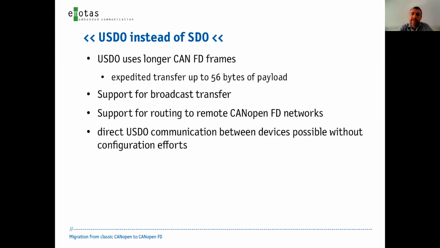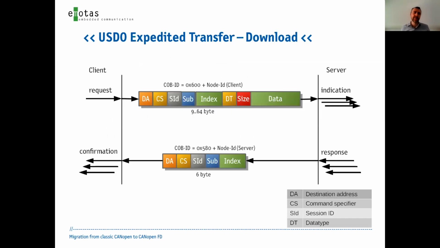Using USDO, it is now possible to have direct communication between two devices without the specific configuration efforts that were necessary with classical CANopen. But I don't want to go into more details here. Just one slide on how a so-called expedited transfer looks in CANopenFD.